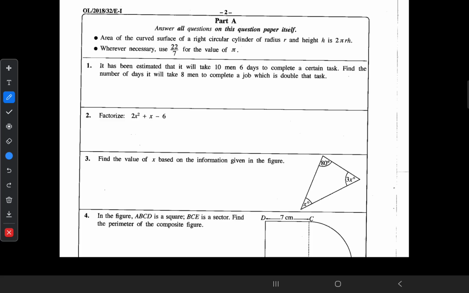It has been estimated that it will take 10 men 6 days to complete a certain task. Find the number of days it will take 8 men to complete the job, double the task. First of all, we will find the total task for the first estimation.